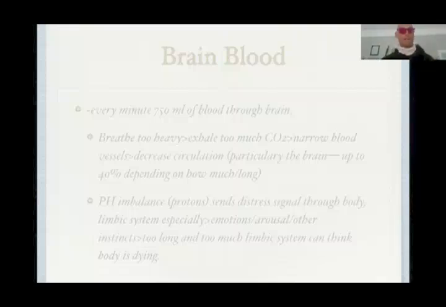pH imbalance. pH is basically a measure of protons. So you have too many protons, or too few, or just the right amount. pH imbalance sends distress signals through the body, through your limbic system especially, and you get emotionally aroused, other instincts get aroused. If you do it too long, too much, the limbic system can think the body is dying, which is not a good thing.